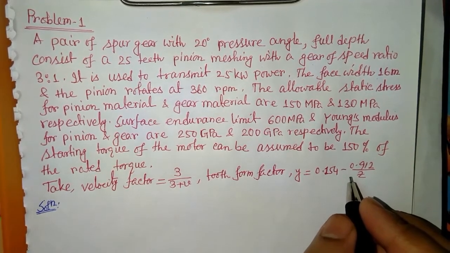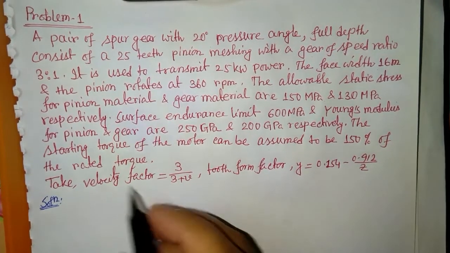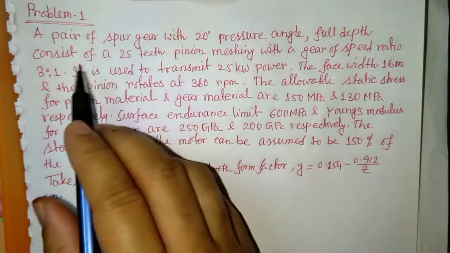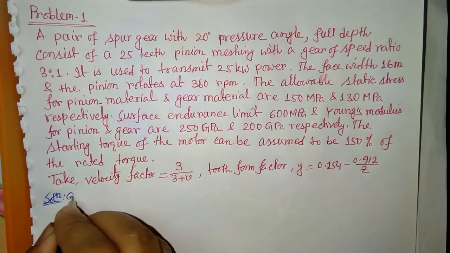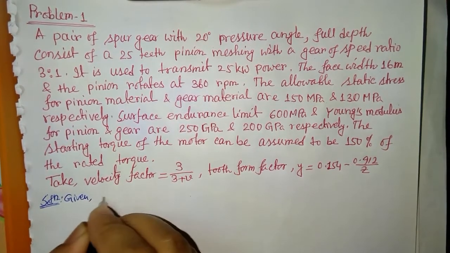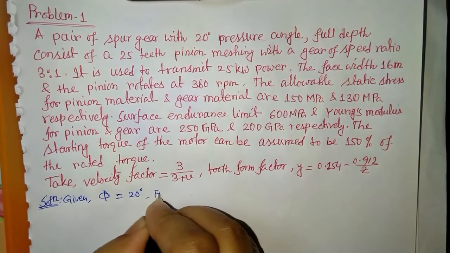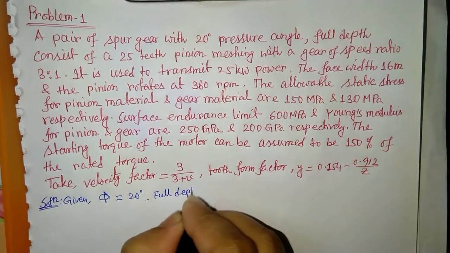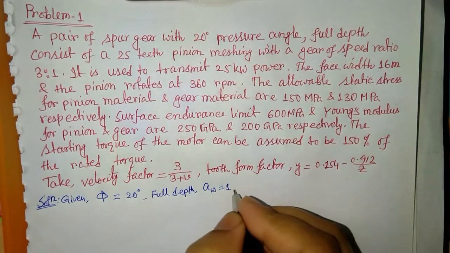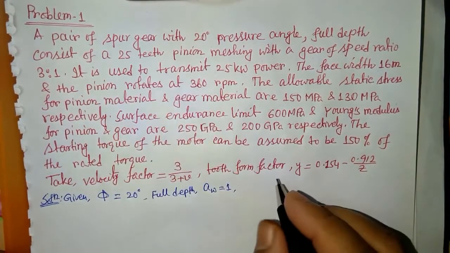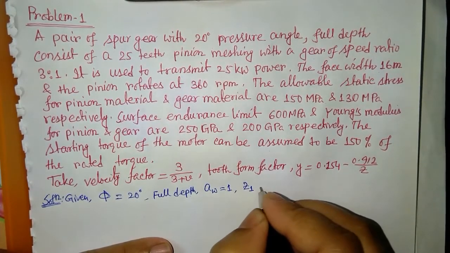Okay, so now for solving, first we will see what information is given. So let's read once. A pair of spur gear with 20-degree pressure angle, means we can say that given pressure angle phi is equal to 20 degree, and it mentioned full depth. Full depth means we know a_w is equal to 1. Consists of a 25 teeth pinion. So let's take pinion as Z1, already we have seen.